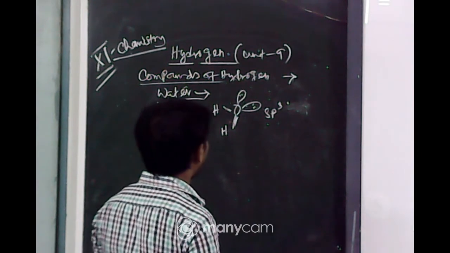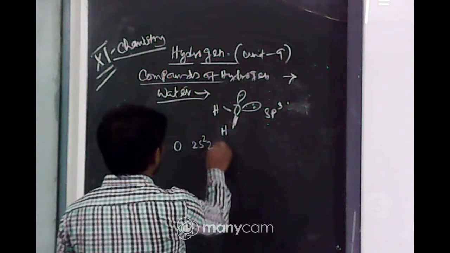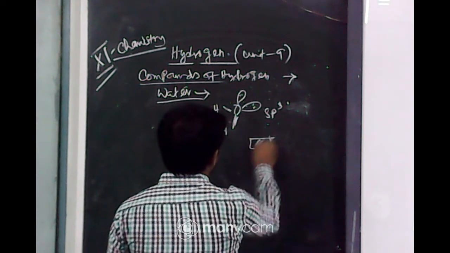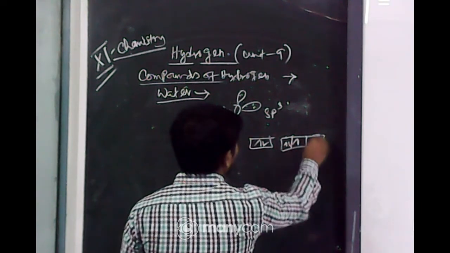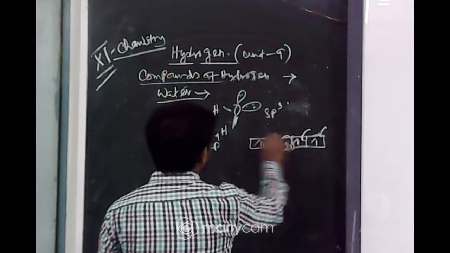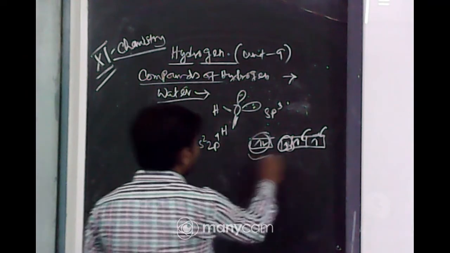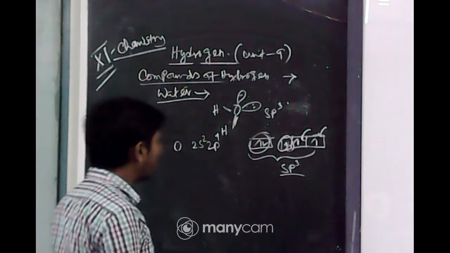Now, the oxygen having 2s2, 2p4, and these two hydrogens making bonds, these two lone electron pairs will be there, and the hybridization is sp3.